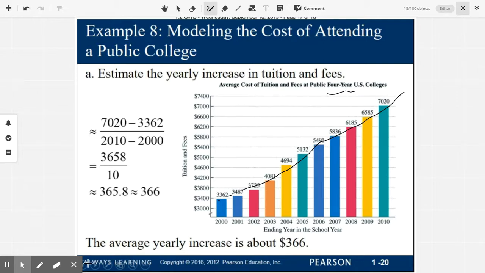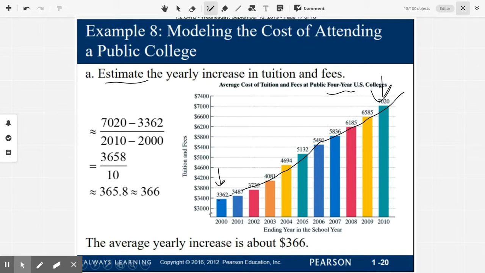So once again, we're going to estimate the yearly increase. This is what we did earlier. If we want to find the average increase, we take where we started and where we end, and subtract those two numbers. So 7,020 minus 3,362 is 3,658. From 2000 to 2010, it increased by $3,658.